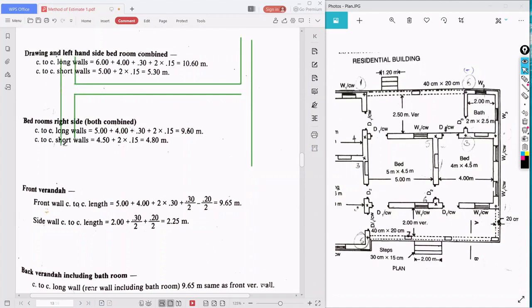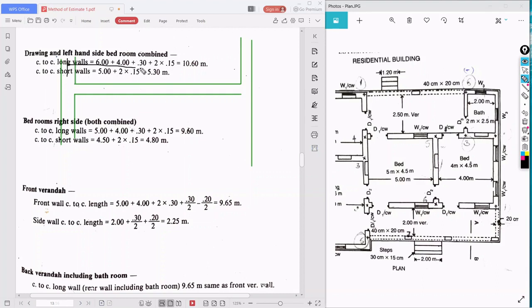This is also a 30 centimeter wall, right? So here, in this bedroom section, we already know the center to center distance of the bedroom system is 9.60.